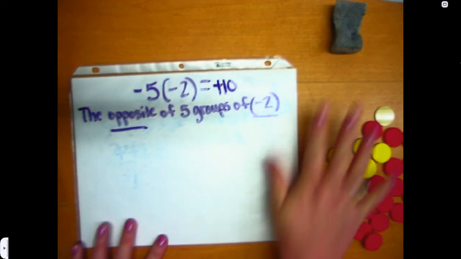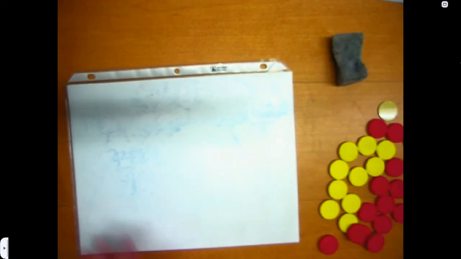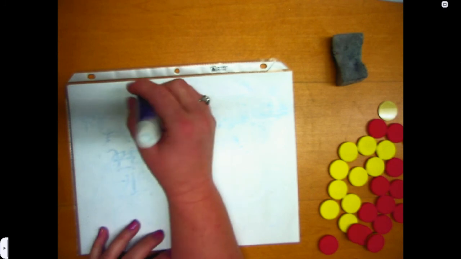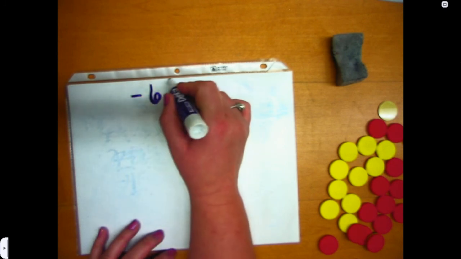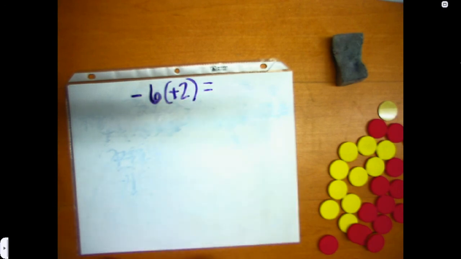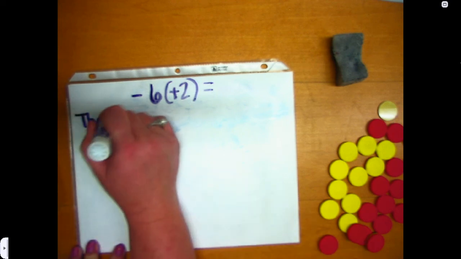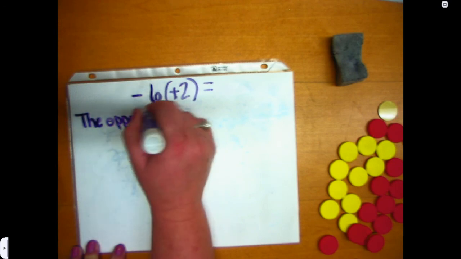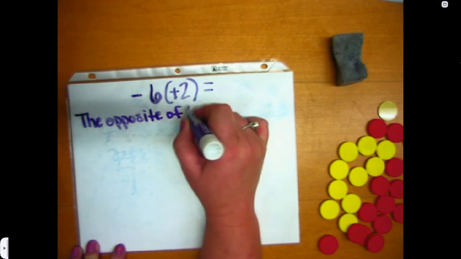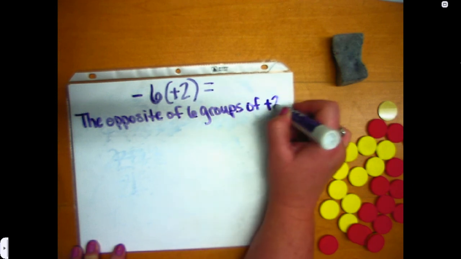Slide it to the side. Okay. What if we have -6 times +2? What would this mean? It would mean the opposite of 6 groups of +2.